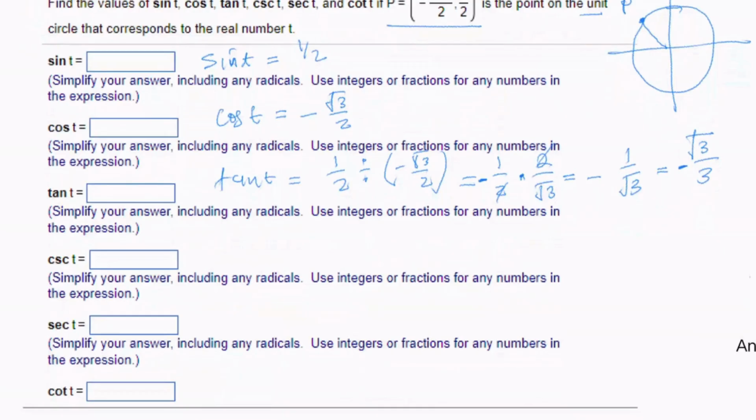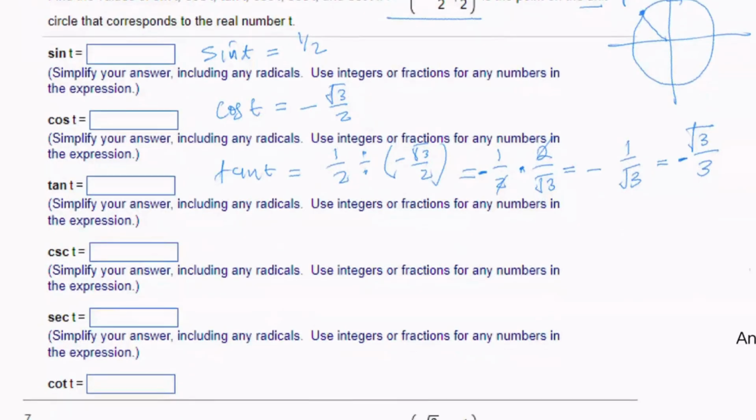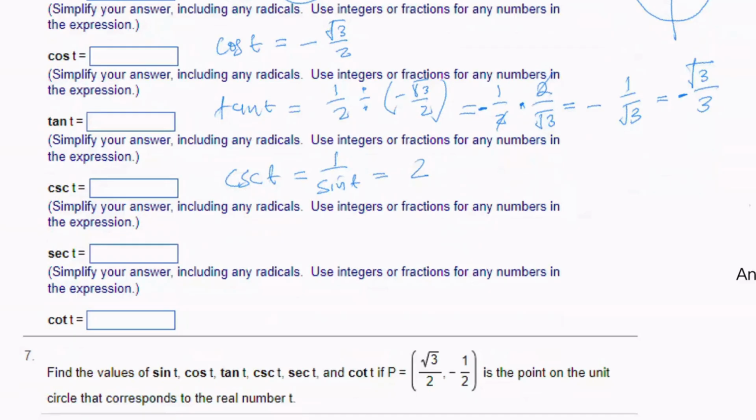Okay, what about cosecant? So we know cosecant t is 1 over sine t. So the reciprocal of sine t is 2, right? Okay.